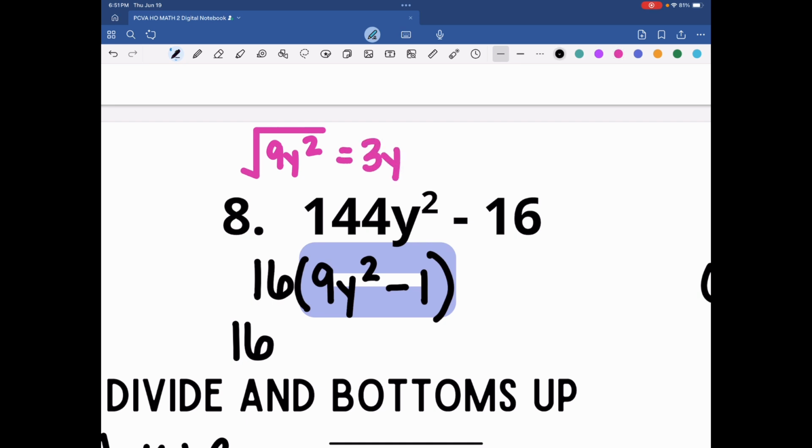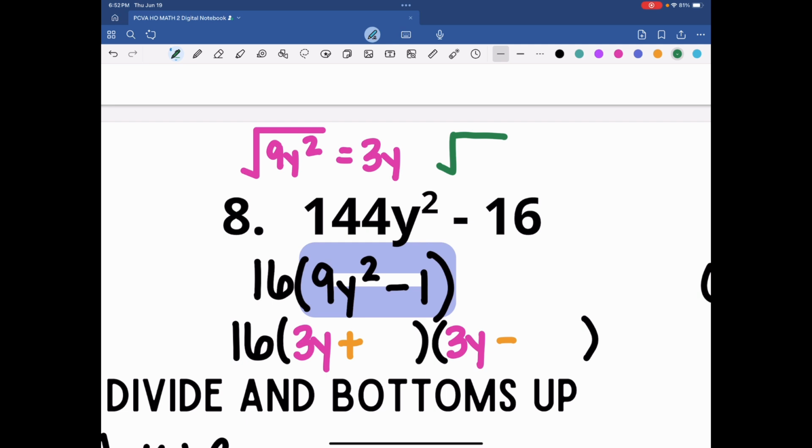So remember, when you make your 2 parentheses, you're going to do 1 plus, 1 minus. And it doesn't matter if you put the plus first or the minus first, as long as there's one of each. So we're going to put 3y in the first term spot in both parentheses. We're also going to take the square root of 1, and the square root of 1 is also going to give me 1.